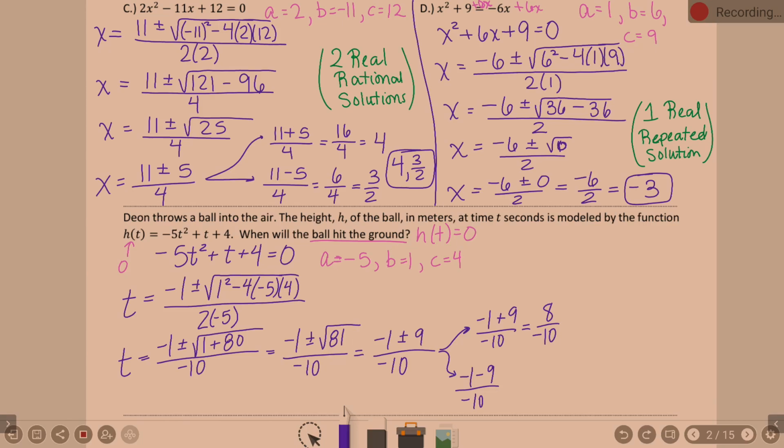If I reduce 8/10, my brain says negative 4/5. Or you could do a decimal, negative 0.8. And then negative 1 minus 9, negative 10 divided by negative 10, is 1. So we got answers of negative 4/5 and 1.